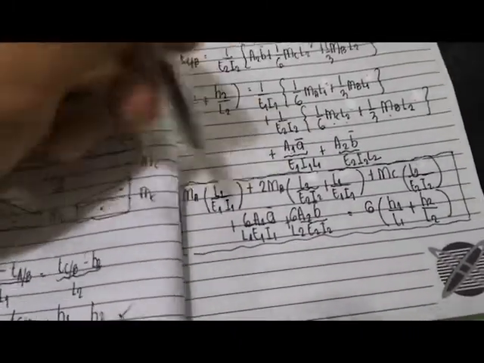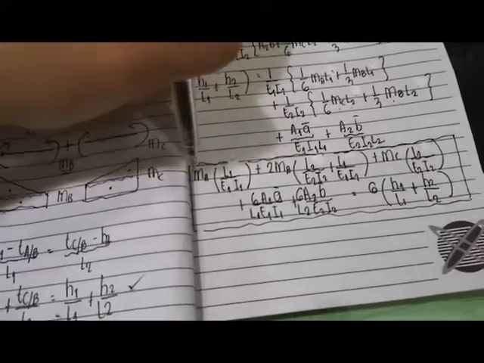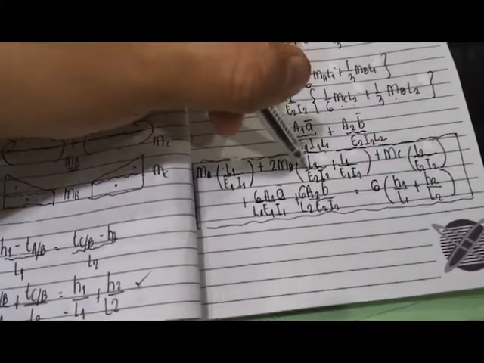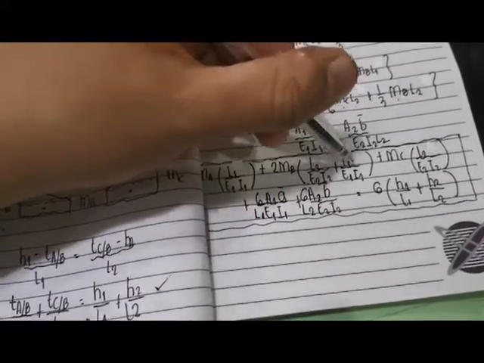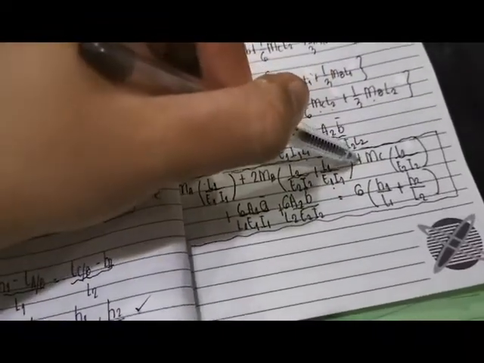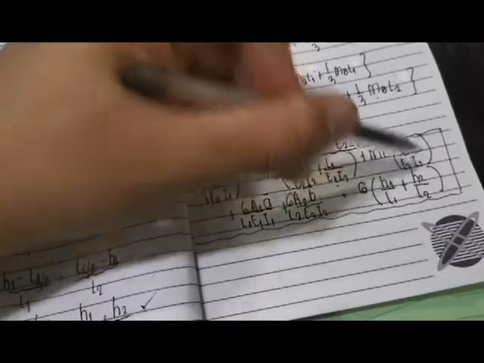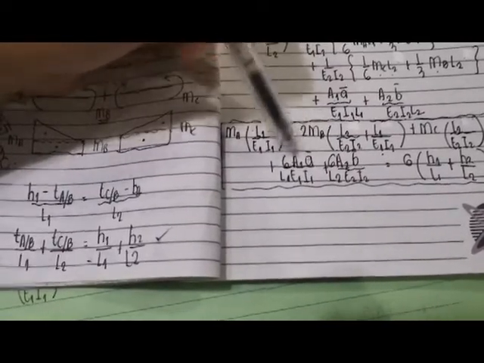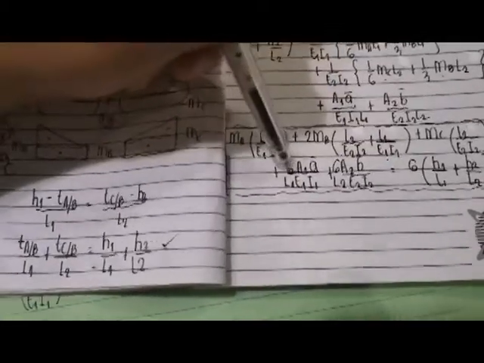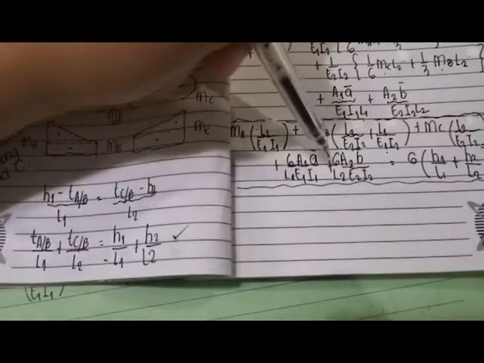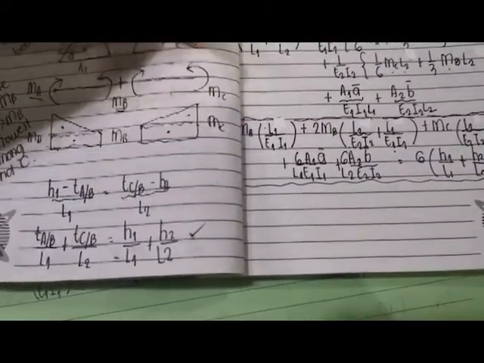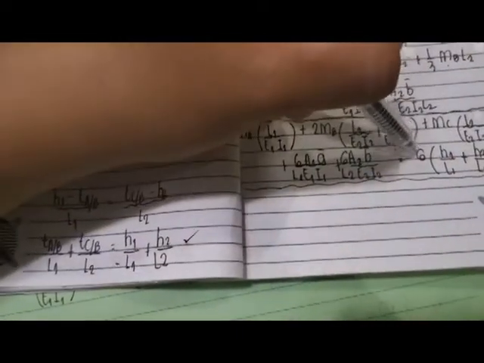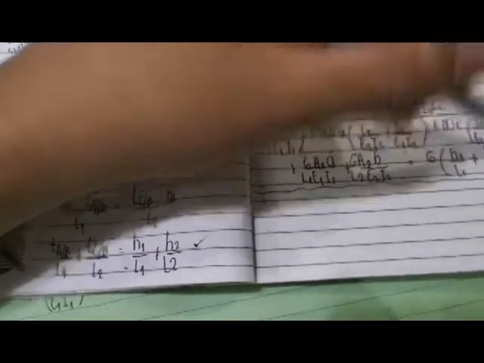We can rearrange that by this one. So M sub A multiplied by L1 over E1 I1 plus 2MB times L1 over E1 I1 plus L2 over E2 I2, plus MC times L2 over E2 I2 plus 6A1A, so this is the first moment of area of the first span over L1 E1 I1 plus 6A2B, the first moment of area of your second span with respect to point C over L2 E2 I2, is equal to 6 multiplied by H1 over L1 plus H2 over L2.